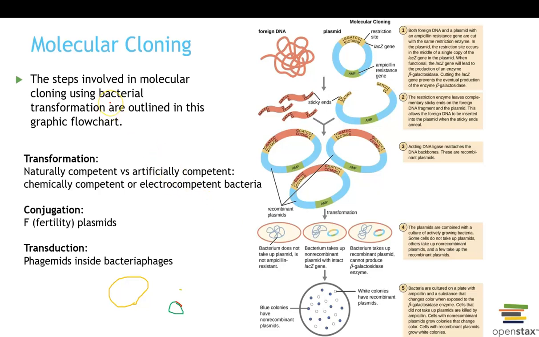They can even use conjugation. It's not very common, but if you remember, in conjugation we have a donor bacteria and a recipient. Naturally, through the pili or the bridge between those F-positive and F-negative bacteria, they can exchange the plasmid.